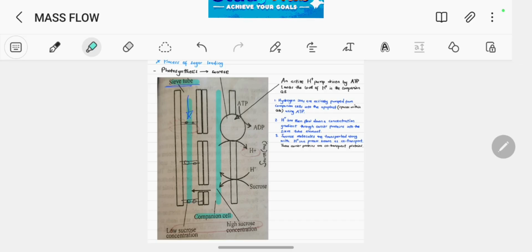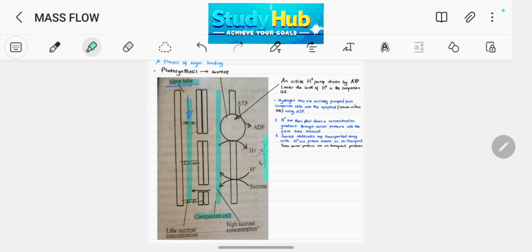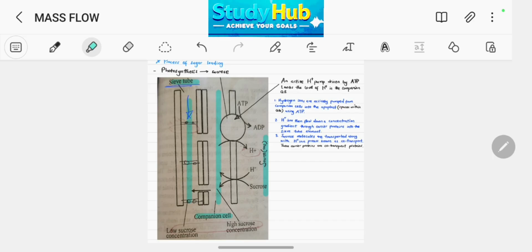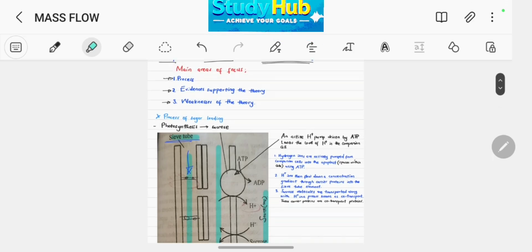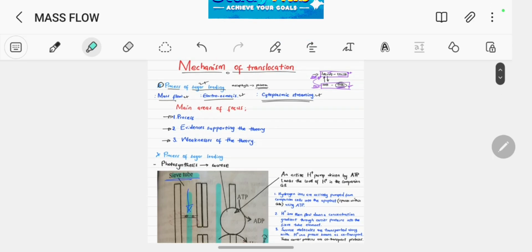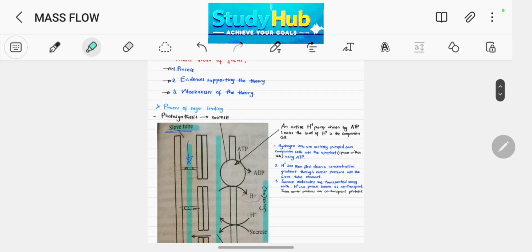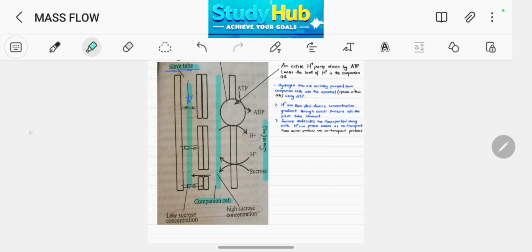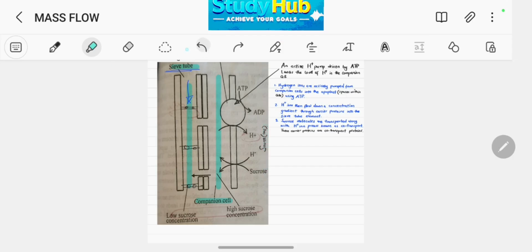Then this side is where we have our source. You may think of the mesophyll cells, as we said, any cell that is carrying out photosynthesis. So that is it.